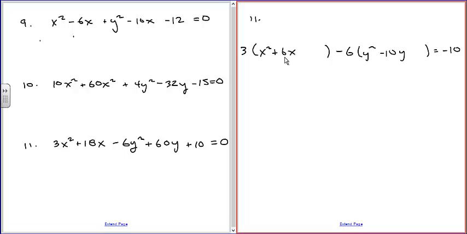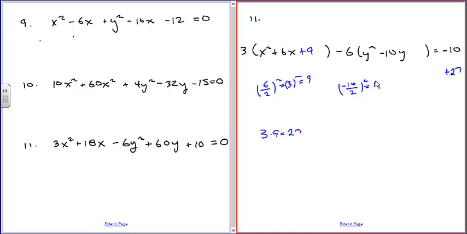6 divided by 2 squared is equal to 3 squared, which is equal to 9, so we add 9. But really we're adding 3 times 9, so that's 27. Let's go ahead and do it. Add 27. Over here we have negative 10 divided by 2, that number right there.